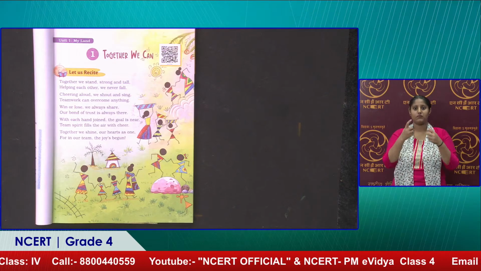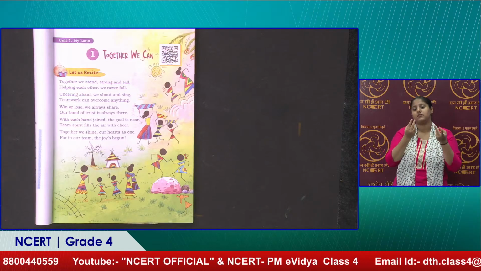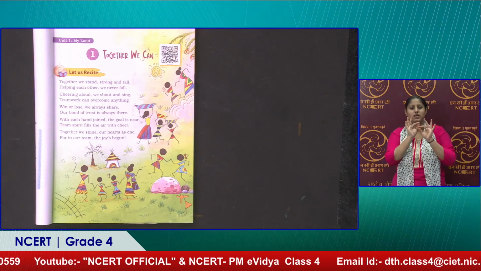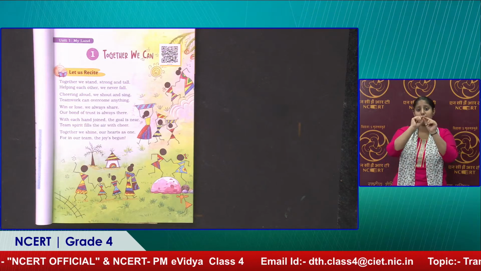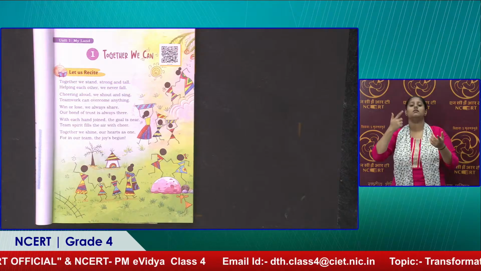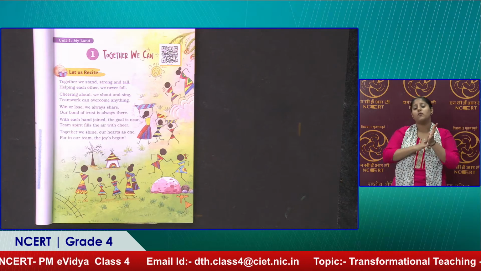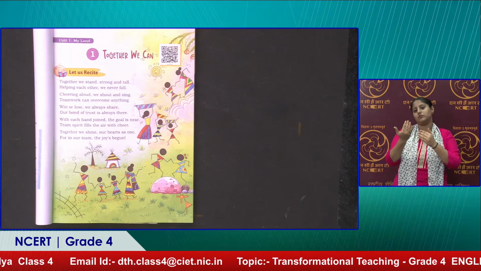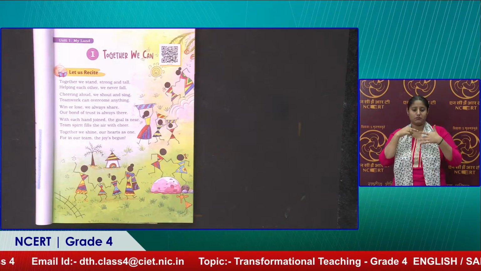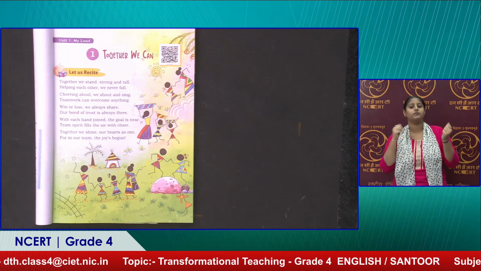You can see the Warli illustrations here, almost deceptively simple, triangles and just lines and maybe a circle for the head, and children will enjoy drawing them. This is a poem on Together We Can. That is, we need not move ahead in isolation. We stand together, we work together, we sing together, and we help each other out.